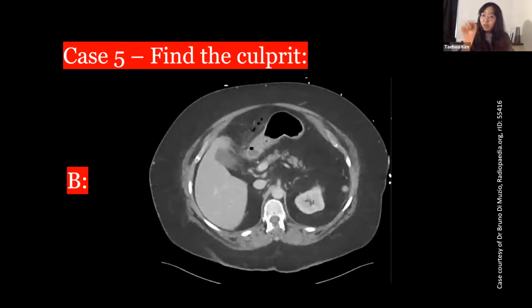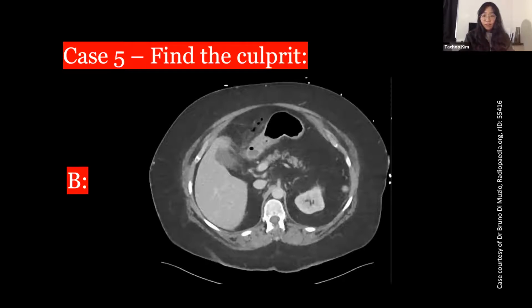And then same patient, I'm scrolling a bit further down. Now I'm passing the gallbladder. There's still the kidney. This is the stomach, level of the pylorus, duodenal bulb, pancreas. So have a look at this.